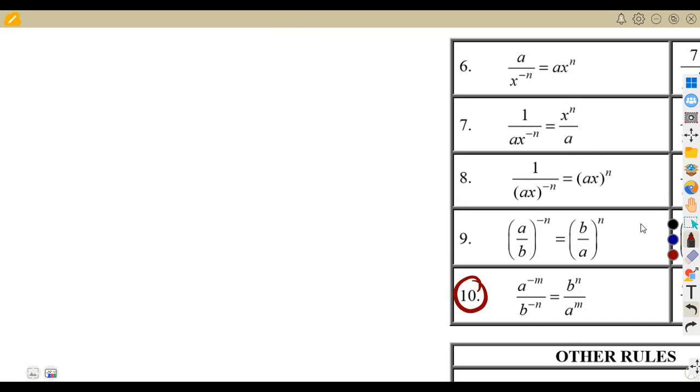Okay, let's consider this. If I am given a negative exponent, which is m, and having b to the exponent of a -n, these ones, they are different, all right? This is m, this is n. We are going to have b as a positive on top, a as a positive down. I hope you understand what I'm saying. A to the exponent is written as a negative. B is taken as a negative also.